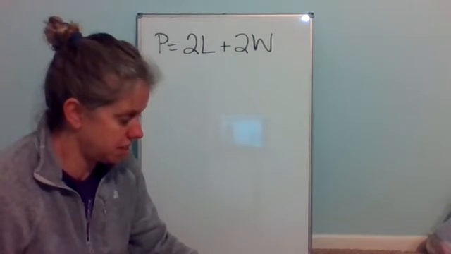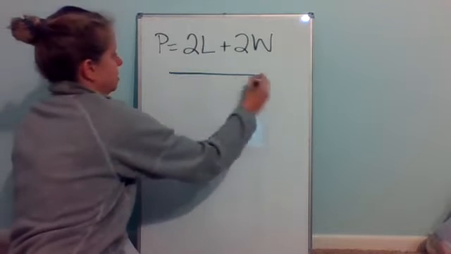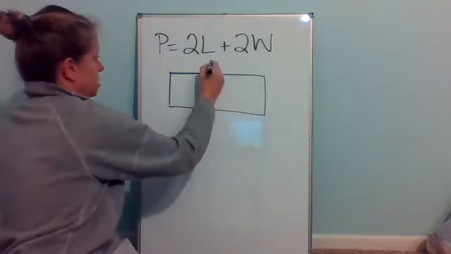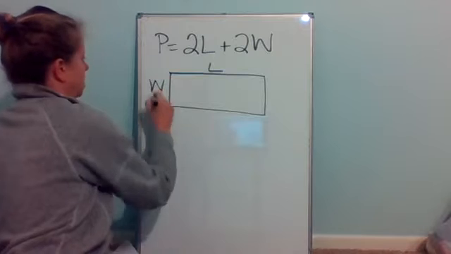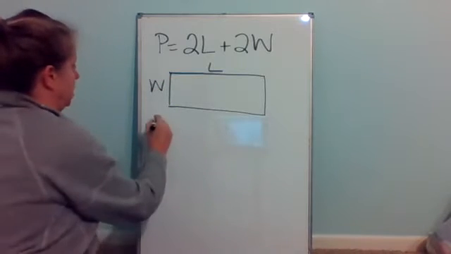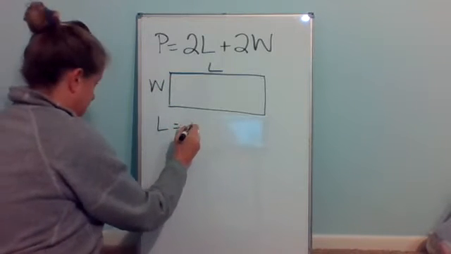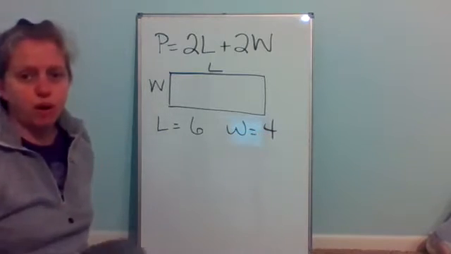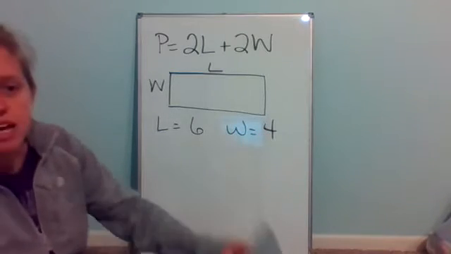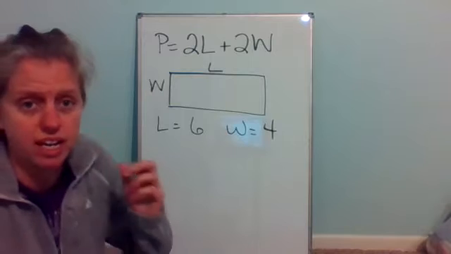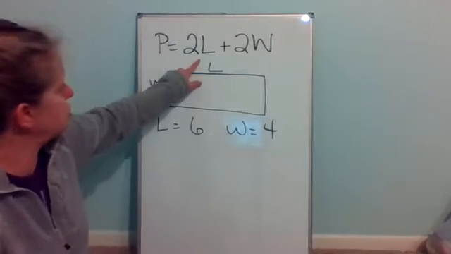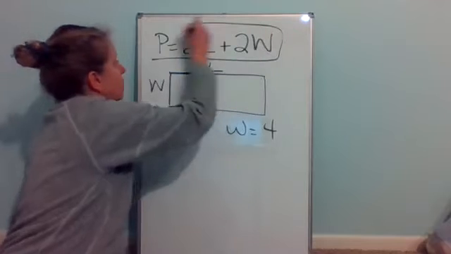Then it gives you this rectangle. This is the length, this is the width, and it tells you the length is 6 and the width is 4. So pretty much what you're doing is filling in these numbers into this perimeter formula.